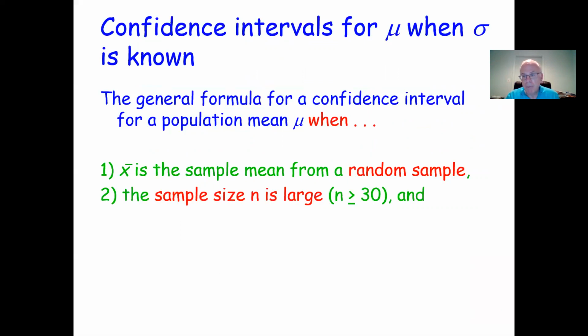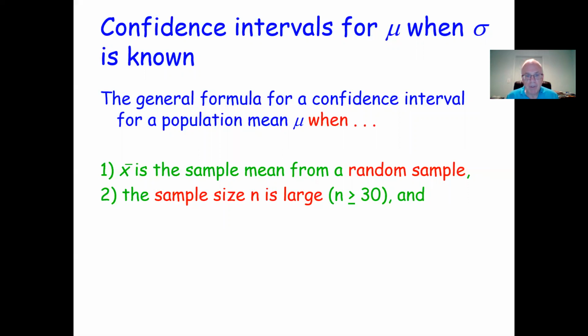Now, if you remember, for a population proportion, we had to make sure that N times P and N times 1 minus P were greater than or equal to 10, so we could use the normal distribution for the sampling distribution. In this case, when we estimate a population mean, we use the central limit theorem.